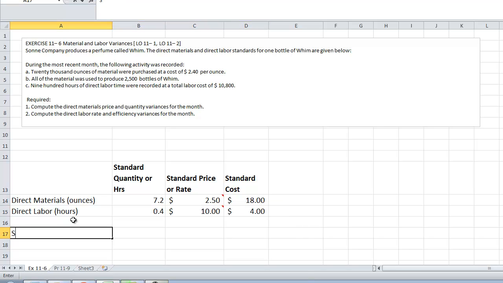So step 1. Actually, let's put down the given information.